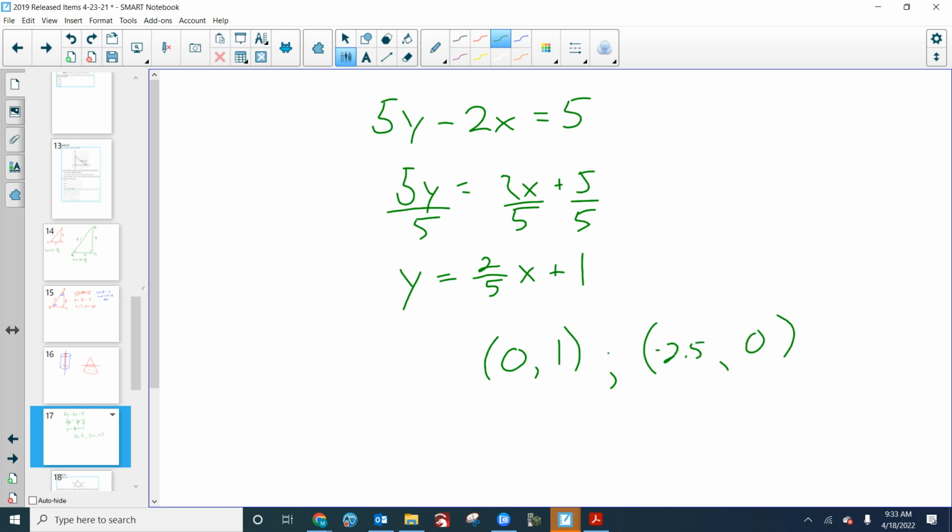Let's test it. Negative 2.5 times 2/5. You would need a calculator. Negative 1, negative 1 plus 1 is 0. He is correct.